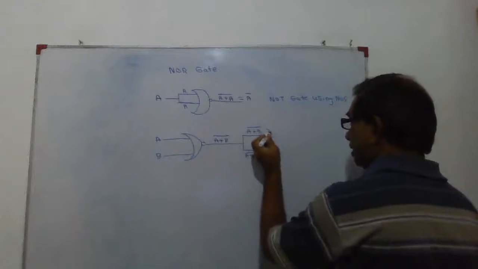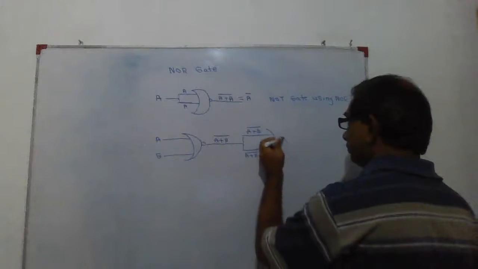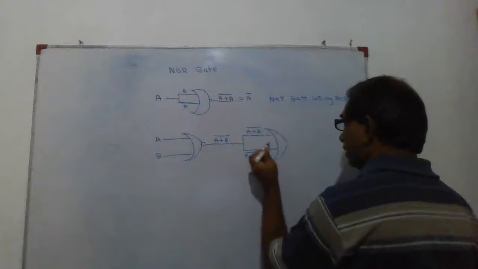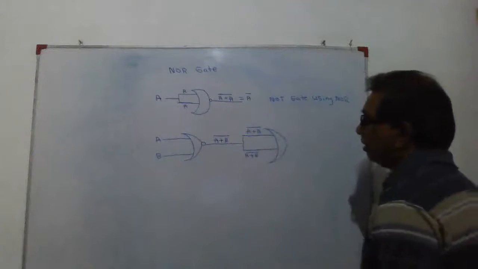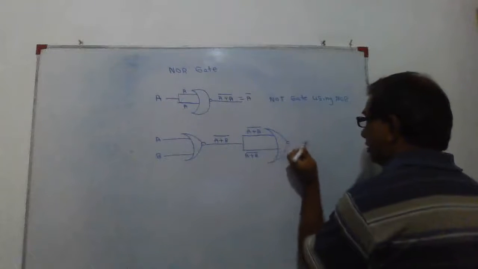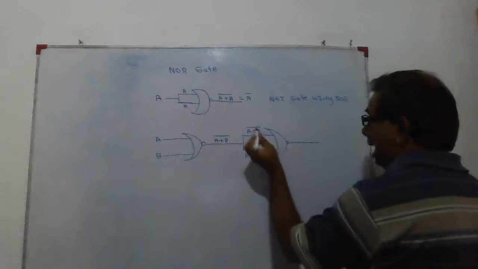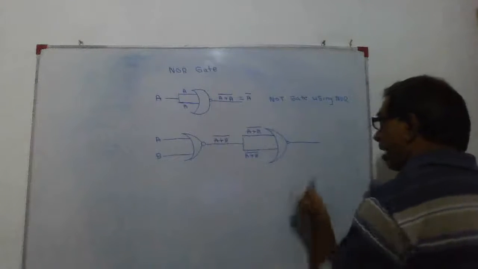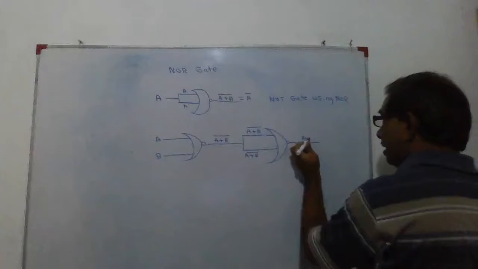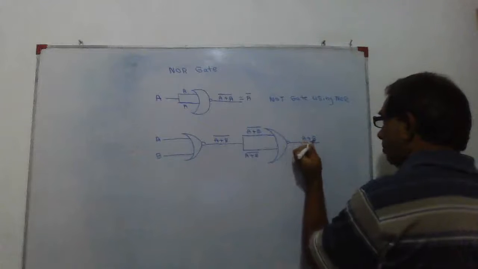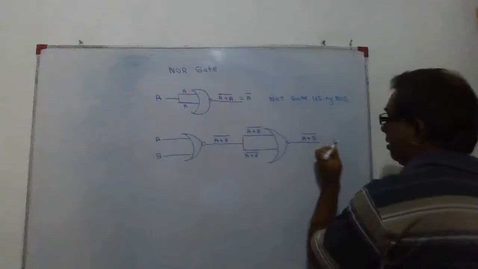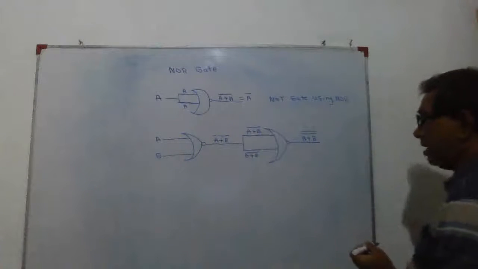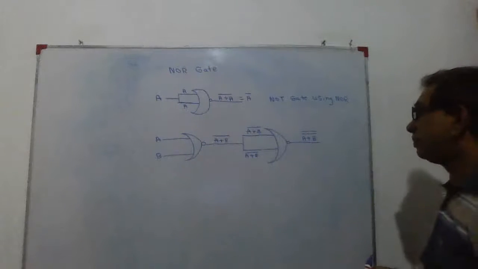So this is the second NOR gate. What is the outcome? A NOR B bar NOR A NOR B bar means the complement of A NOR B.